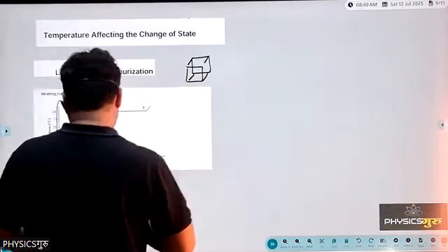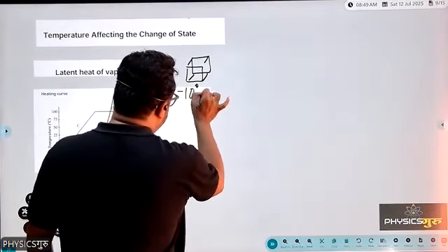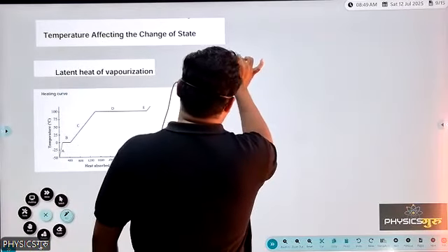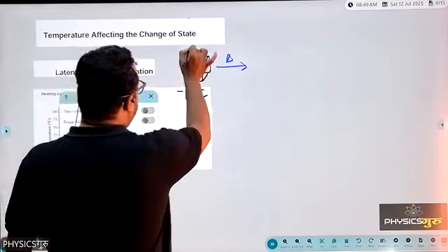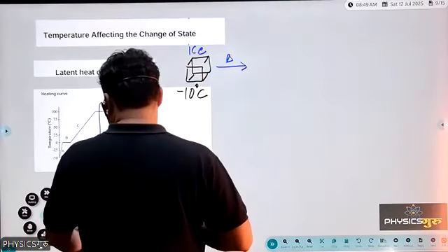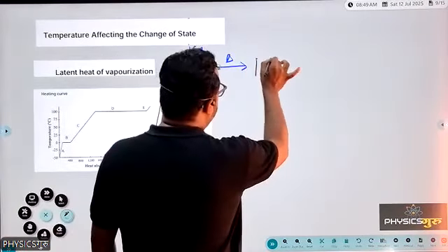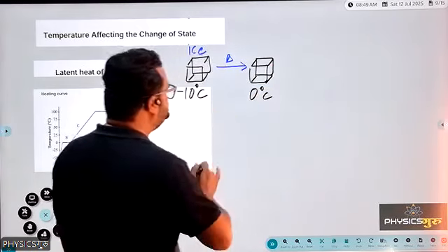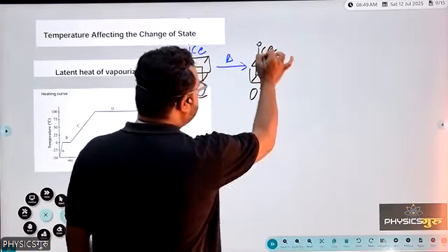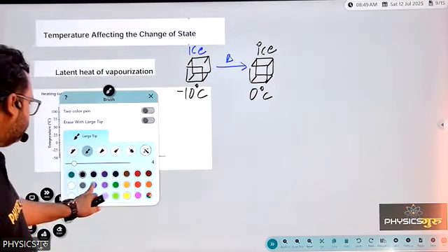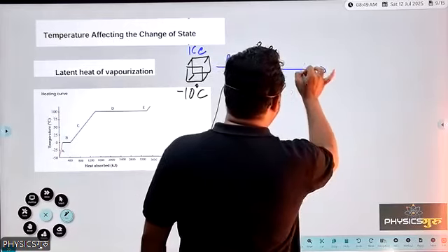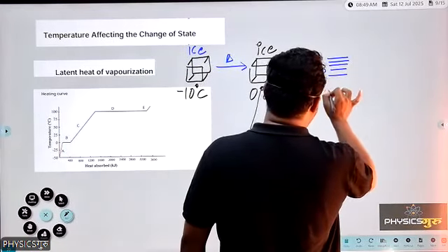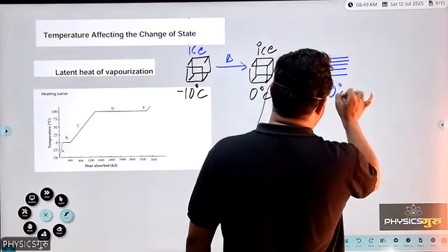Let us assume the temperature of the ice cube as, say, minus 10 degree centigrade. When you heat ice, it will convert into ice of 0 degree centigrade. When you further heat, it will convert into water, 0 degree centigrade.